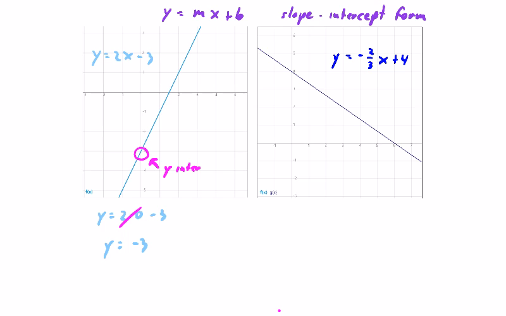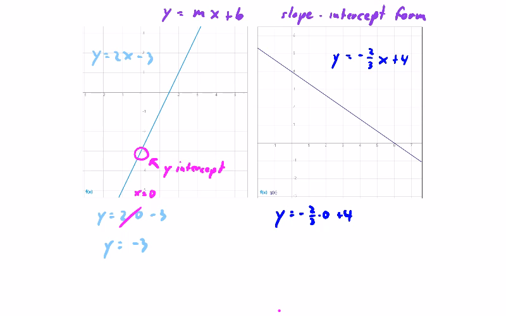So the y-intercept corresponds to the value negative 3 in this case, because that's all that's left when x equals 0. In fact, another name for the y-axis is x equals 0, because the x value is always 0 on the y-axis. Let's apply the same logic to the second case. y would be negative 2/3 times 0 plus 4.